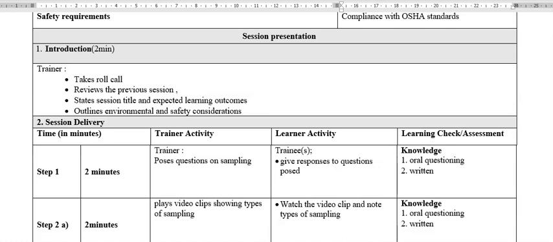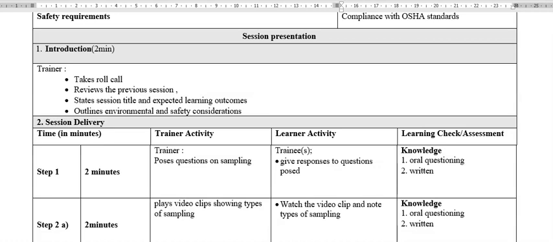Okay, group 1. Give me your input. Yes, Joshua? Okay. Joshua said that they discussed about 2 types of sampling. 1, yes, Joyce? Yeah, that's very correct. Joyce said that they discussed about the probability type of sampling.